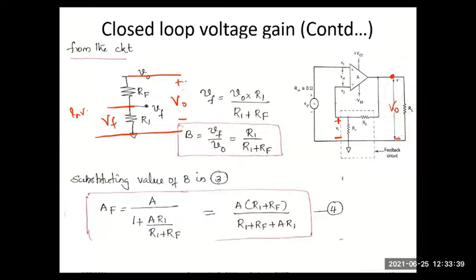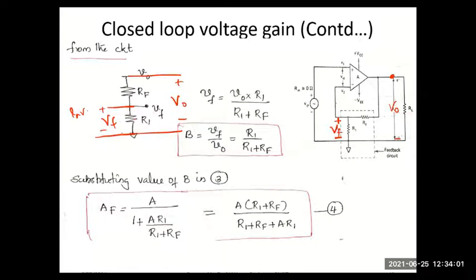We know that the total voltage appears across the series combination of RF plus R1, and the feedback voltage is the voltage across this resistor R1, right? This is the voltage feedback, and the total voltage drop V0 will be across the series combination of RF plus R1.